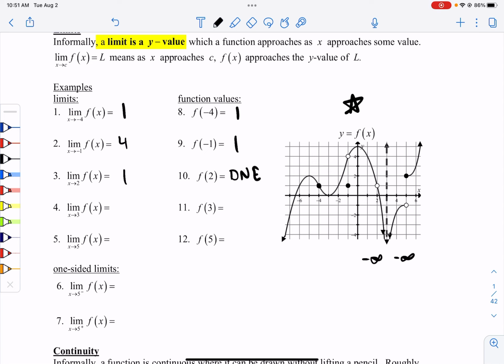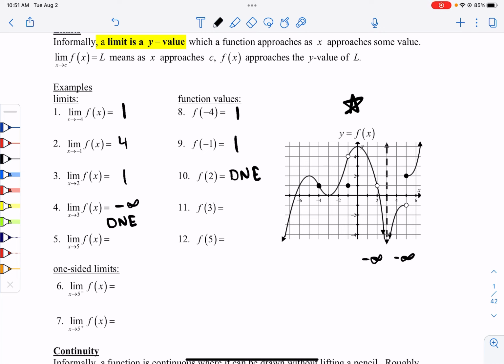But as I approach 3, my y value is getting closer and closer to, a lot of people like to put negative infinity. I prefer does not exist because I'm not approaching a value. I'm just constantly getting more negative, right?